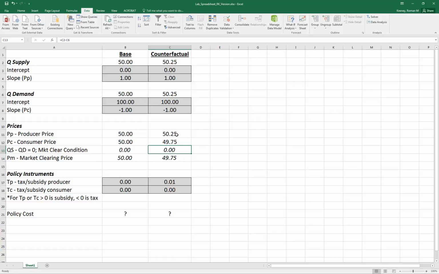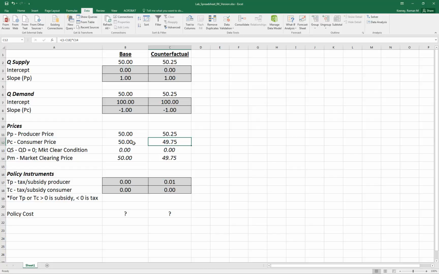And so what ends up happening is you were trying to put a 50-cent subsidy in place for producers, but the 50-cent gap ends up being taken up somewhat by consumer benefit.